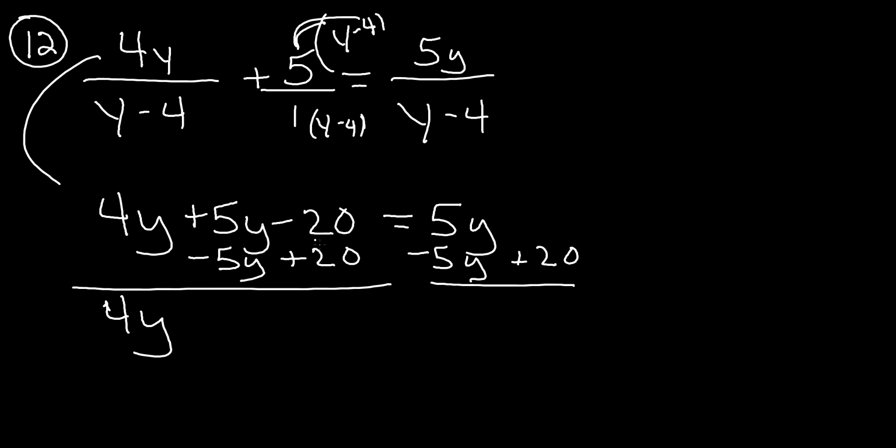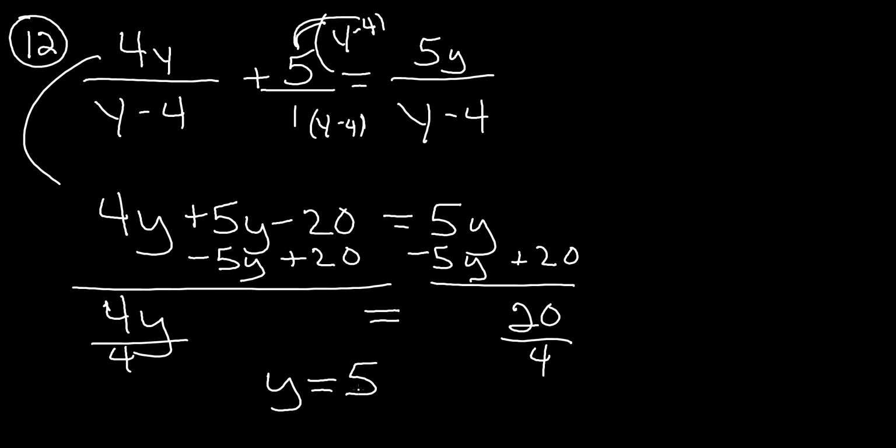This is 0, this is 0, and it's going to equal 20. 4y equals 20, divide both sides by the 4, so y equals 5. If I put that in the denominator, is there a problem with that? None. So that's my answer for number 12.